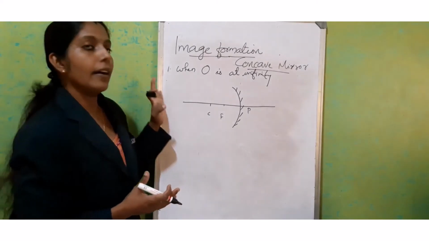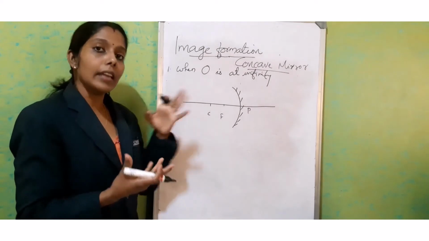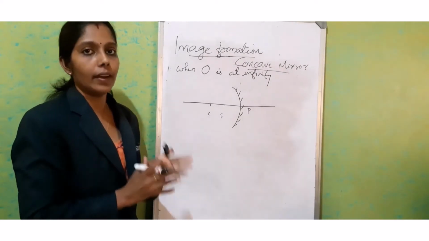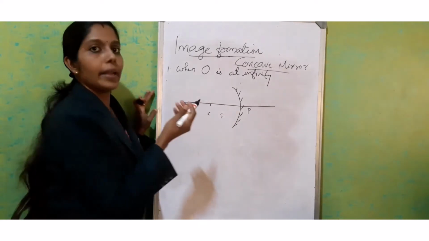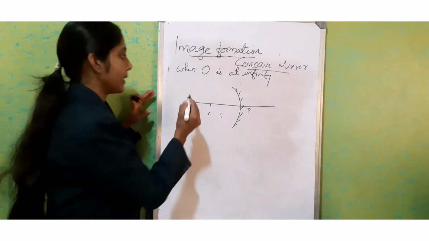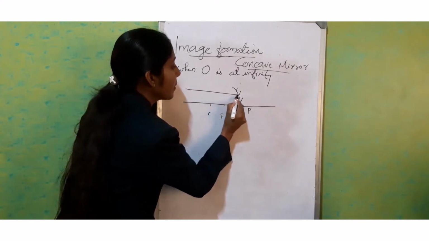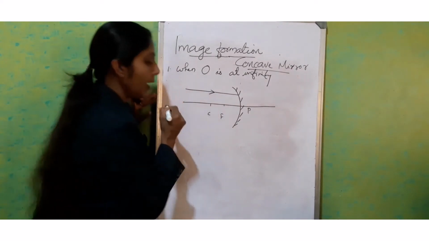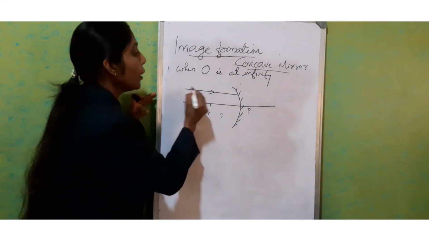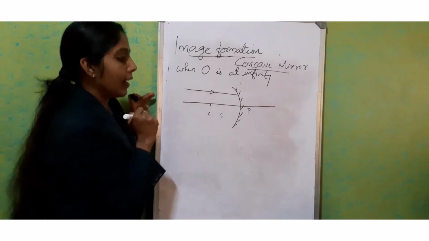So here we have an object at infinity, and we only show how the rays strike the mirror. I am taking two convenient rays which are parallel to the principal axis. One I am taking from here. Don't forget to put the arrow mark even for the incident ray and the reflected ray. This is our first convenient ray.